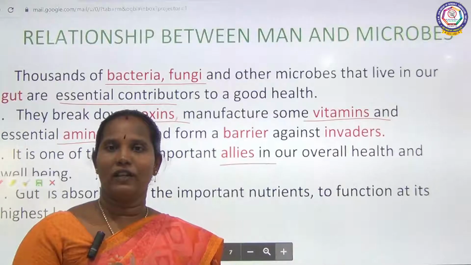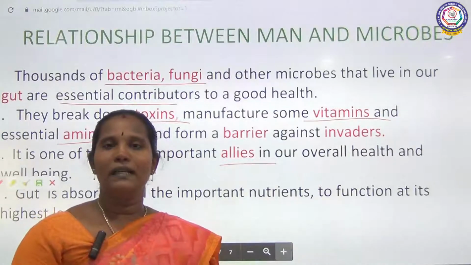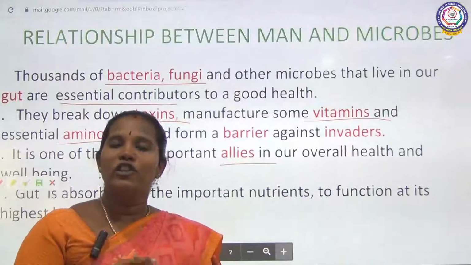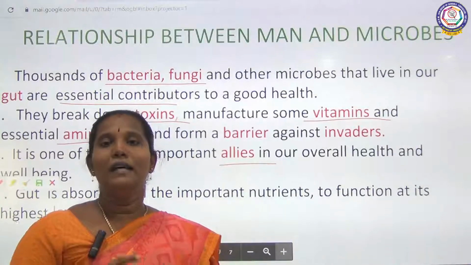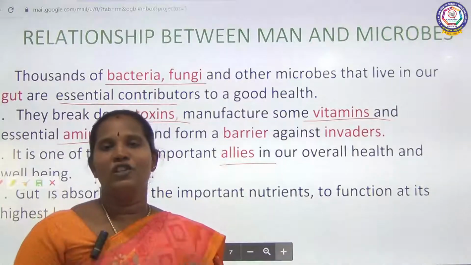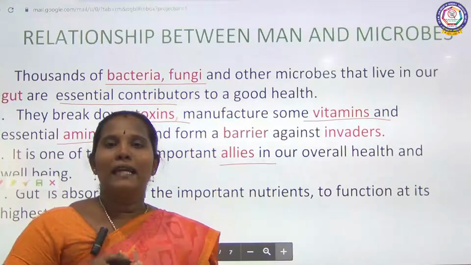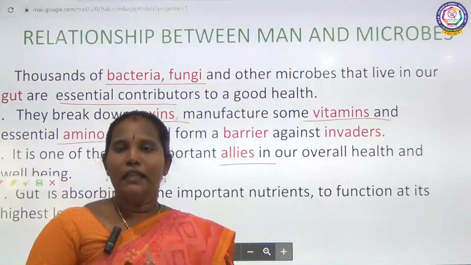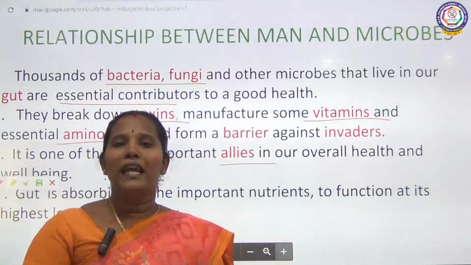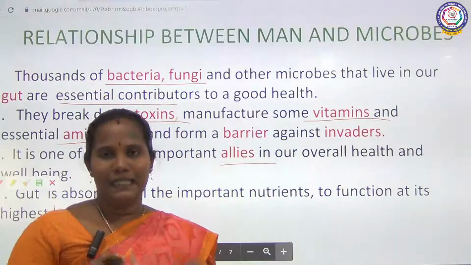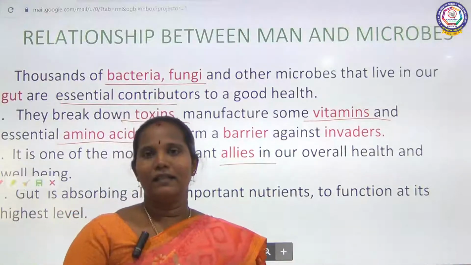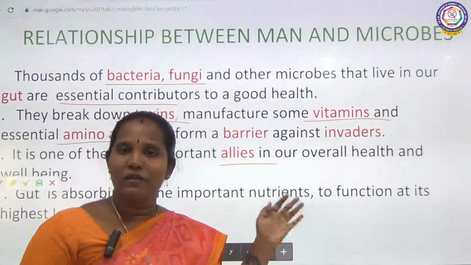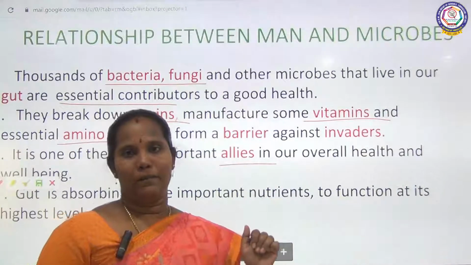After the digestion, the cell wall of the small intestine absorbs the nutrients present in our food. After that, they add that nutrition into our blood circulation. So in this process, microbes help to make the process easy. That is the reason we are saying these are the uses of microbes in the relationship between human beings and microbes.